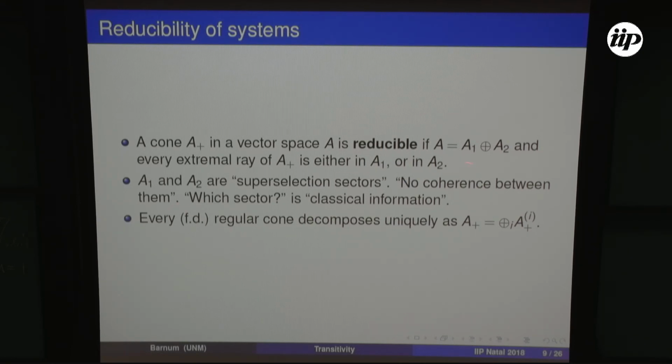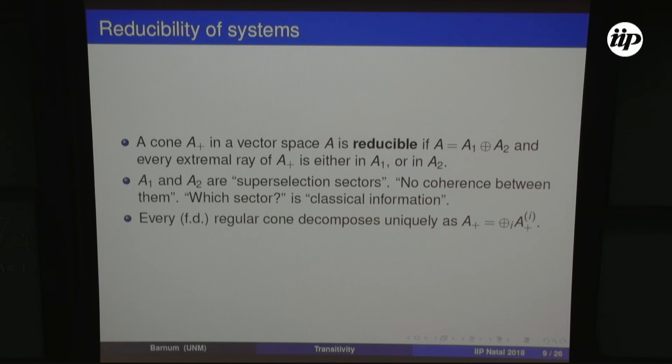Okay. So the point is, if a cone is reducible, the two components into which you separate it are like superselection sectors. There's no coherence between them. Which sector is classical information? You can get that information without disturbing states in the cone, for instance normalized states.